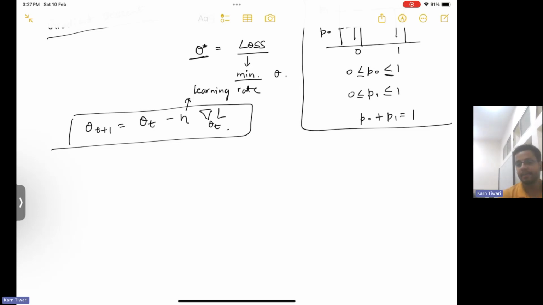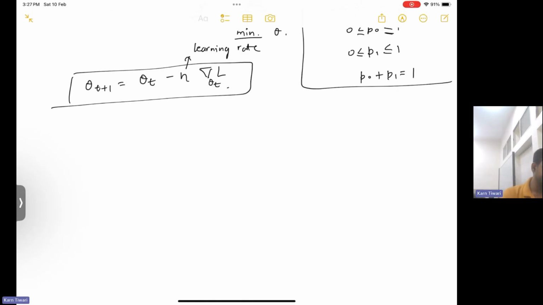I am taking a derivative with respect to theta, the parameters of the neural network. This iteration is repeated again and again until convergence is satisfied, that is, the gradient becomes zero or less than a certain epsilon value.